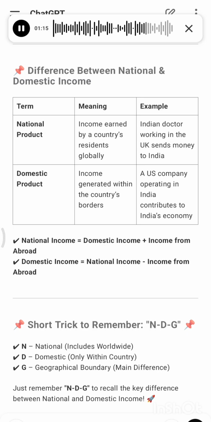National income equals domestic income plus income from abroad. Domestic income equals national income minus income from abroad. Short trick to remember, NDG. N, national, includes worldwide. D, domestic, only within country. G, geographical boundary. Just remember NDG to recall the key difference between national and domestic income.